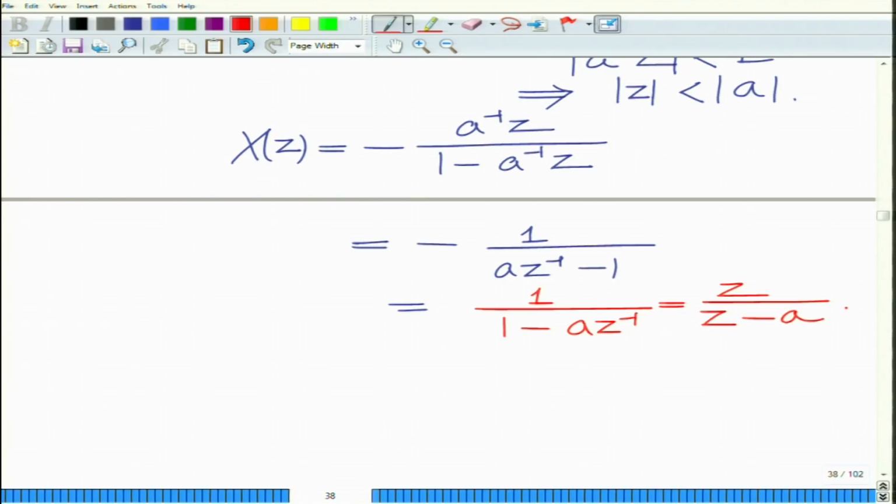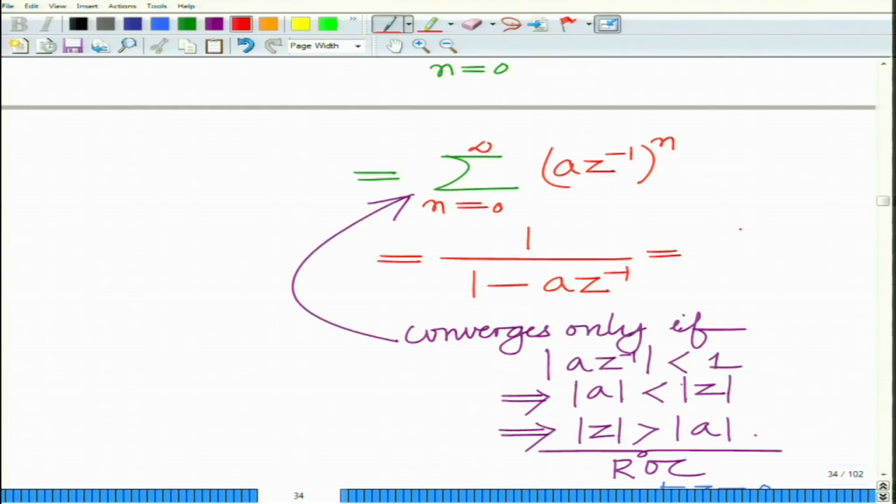And in fact, the previous one also you can write as 1 over 1 minus a z inverse, multiplying numerator and denominator by z, this becomes z over z minus a. So, you can see both of them are equal to z over z minus a.